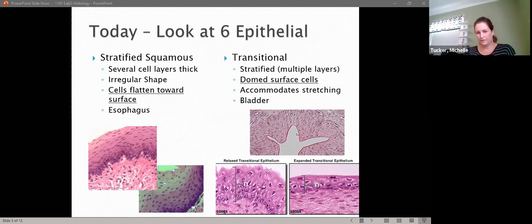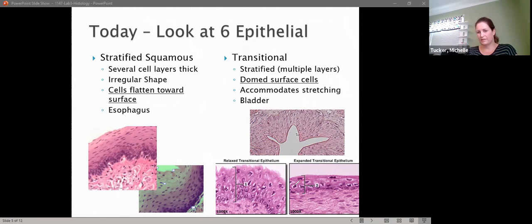The cells at the apical, at the top surface, have this round, almost fluffy surface. And then they have spherical nuclei that are interspersed throughout all of the layers. You never see dense, dense, dense, and then sparse, sparse, sparse.